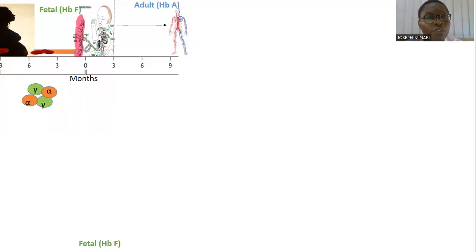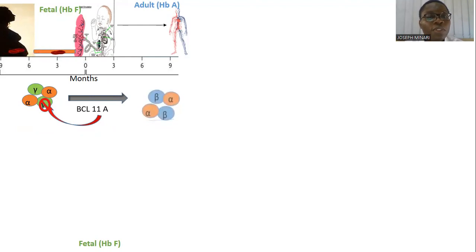But some weeks after birth, you have a transcription factor called BCL11A. The BCL11A is responsible after birth for suppressing the production of the fetal hemoglobin. And so we now have the expression of the alpha and beta subunit of the hemoglobin, which gives you the HbA hemoglobin.